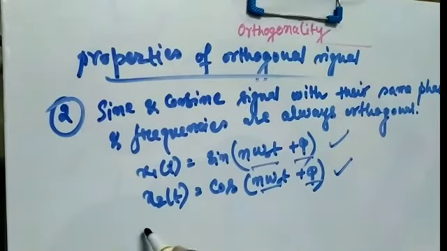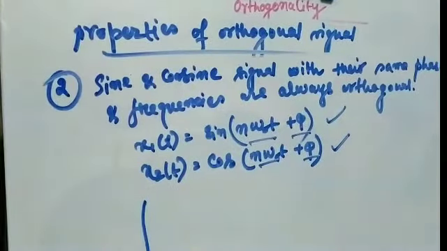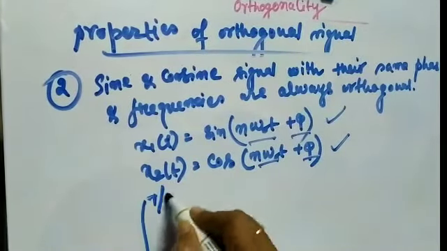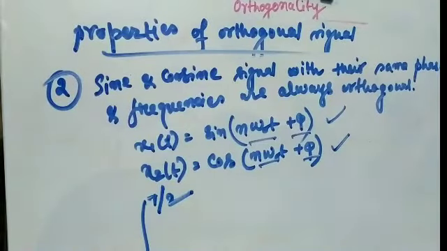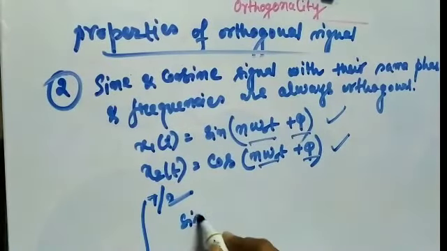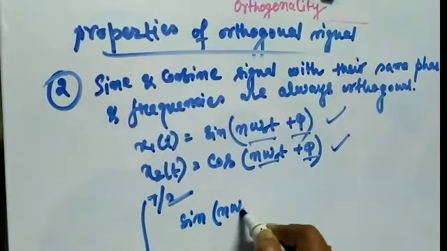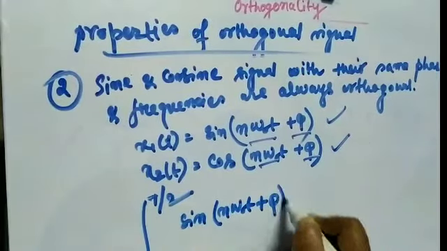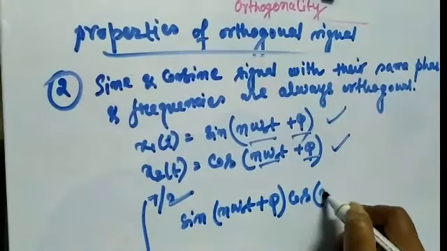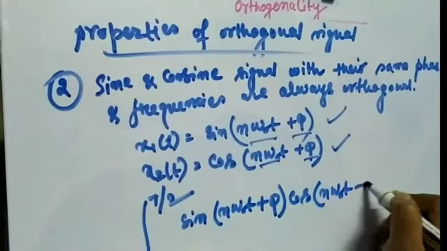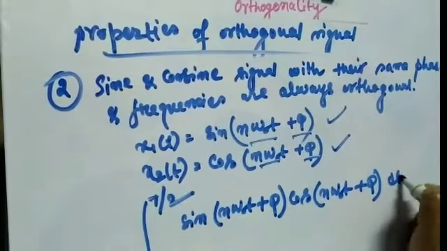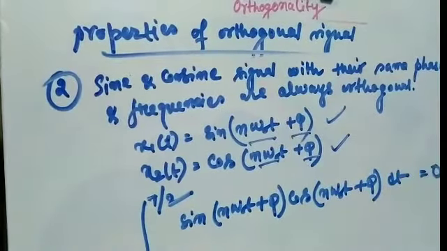That means according to this rule, if we integrate these two signals over the time period from minus T/2 to T/2, the value will become 0.